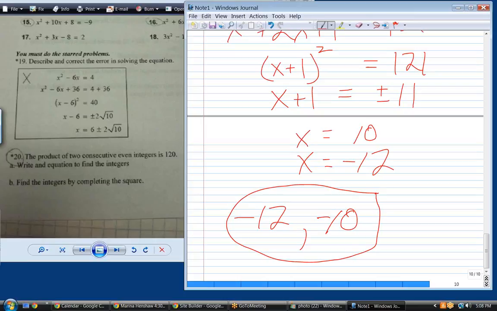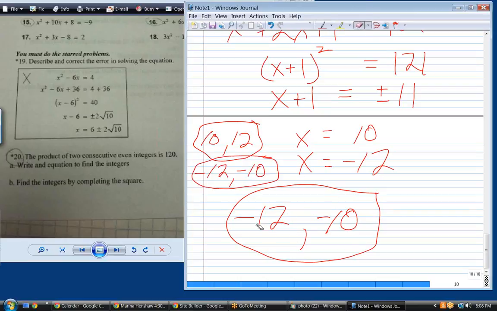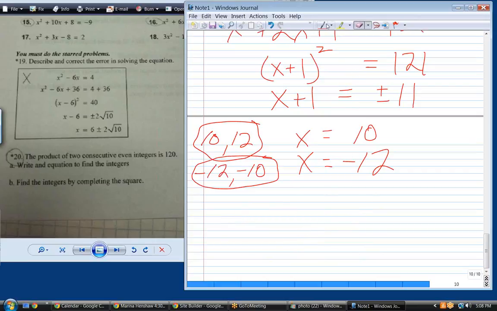Okay? So it's important here to understand that it says find the integers. Well, there were actually two sets of them. 10 and 12 were the first two, and minus 12 and minus 10 were the next two. Notice that is a little different than the two answers we got for x.